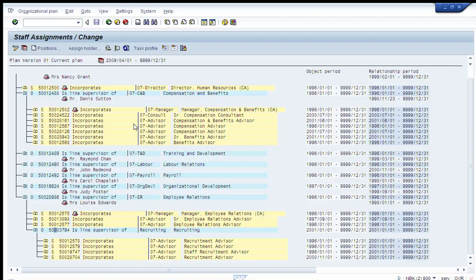So you may not always get the same number of objects when an evaluation path is read. It all depends on how the structure exists at that point in time.